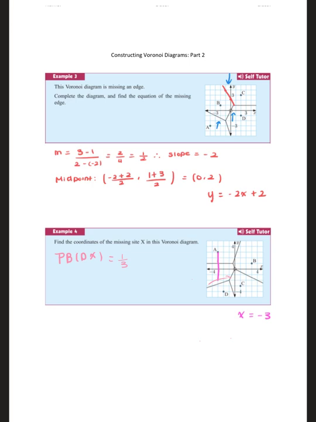Okay, that would mean that the slope of the line segment DX is going to be -3. So from D, I'm either going to go down 3 and to the right one, or I could go up 3 and to the left one. So from D, I'm going to go up 3: up 1, 2, 3, and to the left 1.